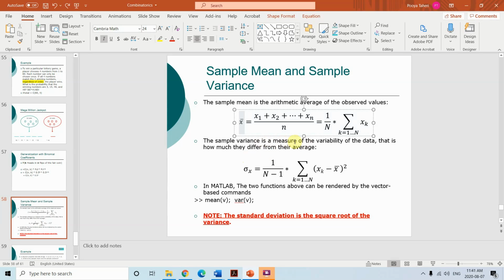So the variance is basically a measure of the variability of the data. We want to see how much they differ from their average. So this is the formula for the variance.